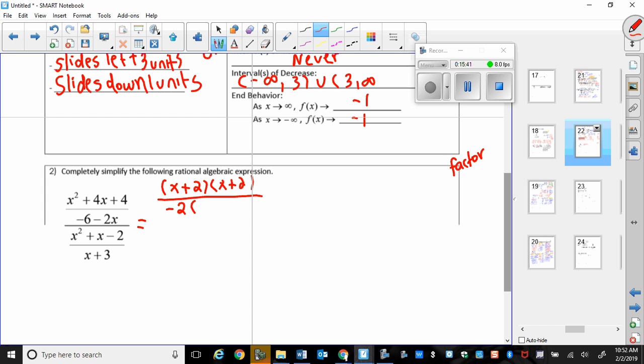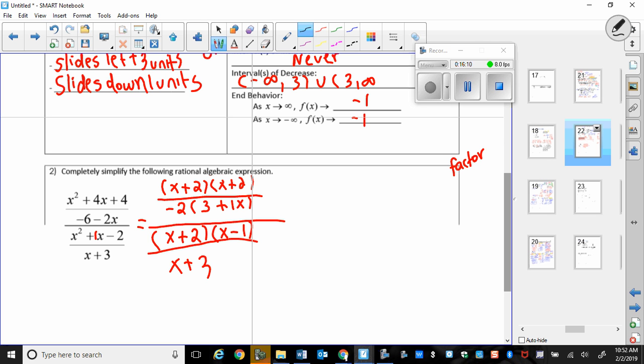Negative 6 divided by negative 2 is 3. Negative 2x divided by negative 2 is positive 1x. Okay? And then on the bottom, factoring, looking for two numbers that multiply to negative 2, add up to positive 1, and I have x plus 2 times x minus 1 at the top, divided by x plus 3.